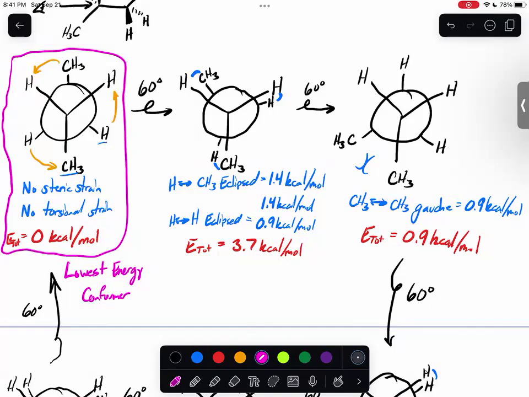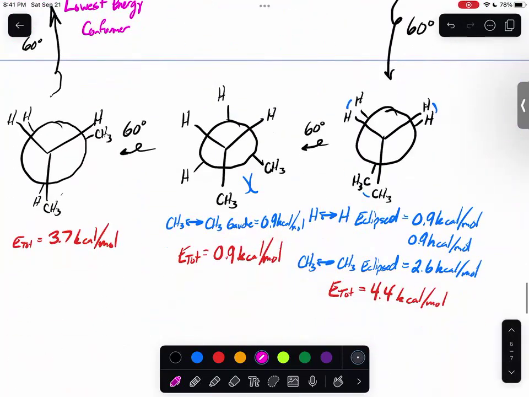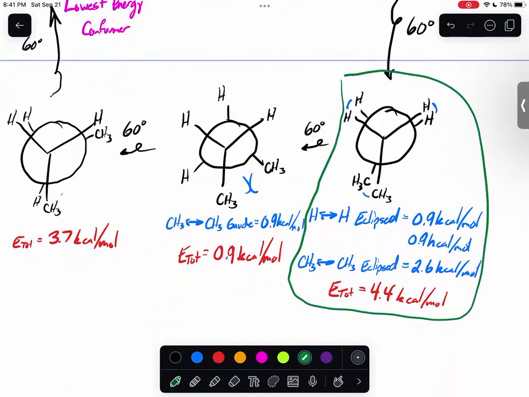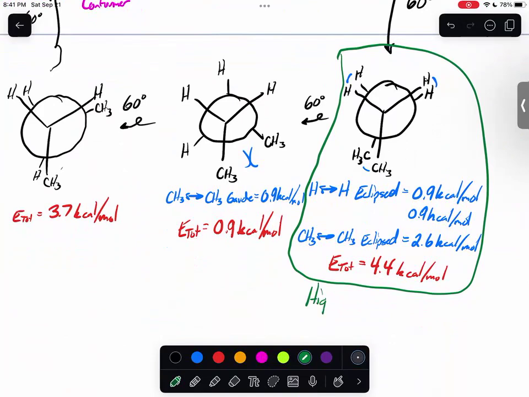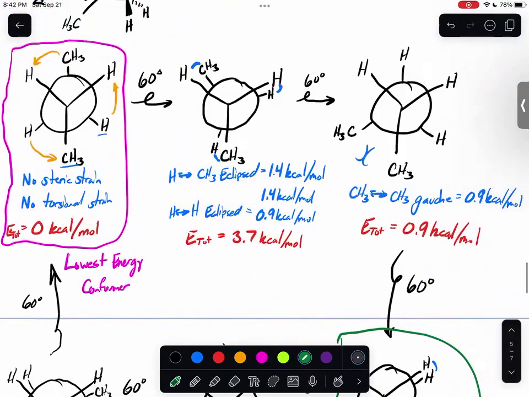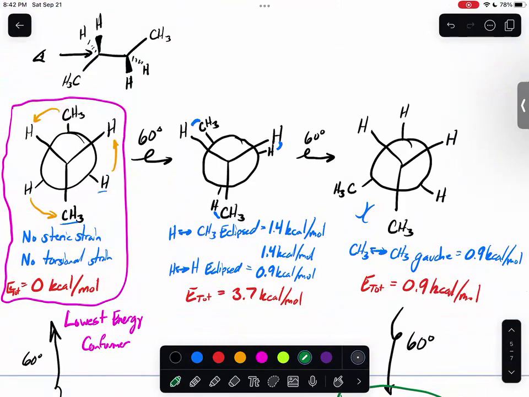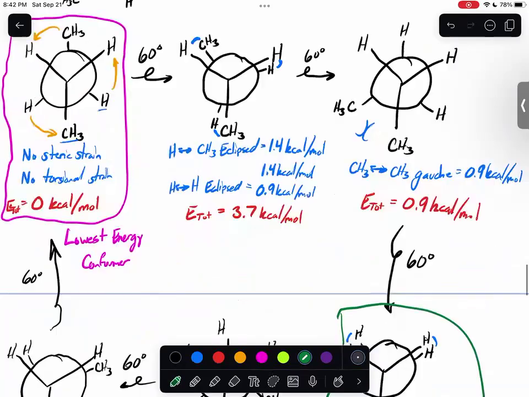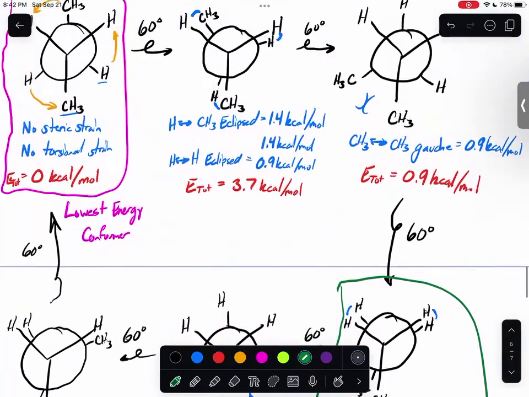On the other hand, this one down here that I'm now circling in green is our highest energy conformer. What this is telling us is that for the most part, the structure is going to sit in the orientation that is the lowest energy conformer, but it can rotate. And the rotation is going to pass through each and every one of these conformers until it returns back to the lowest energy state.